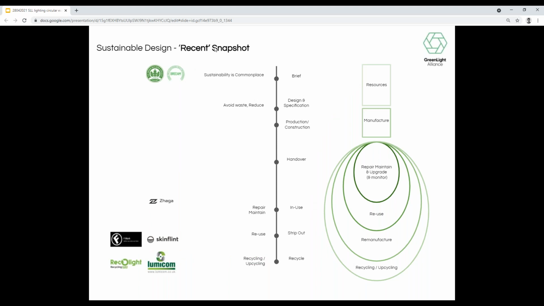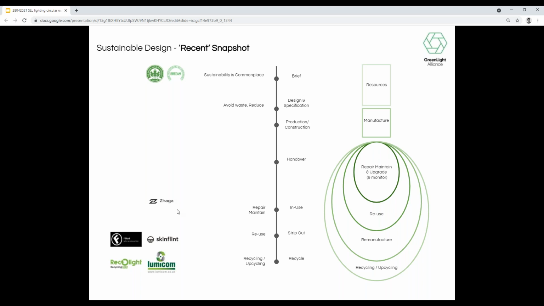So let's take a look at this in a bit more detail. This is a snapshot of what happens commonplace in the market today in terms of sustainability or sustainable design. We're familiar with LEED and BREEAM. They promote principles like waste avoidance and the reduction that we spoke about in the previous LightBytes. But these aren't focused on circular processes. They're still based on the linear economy.